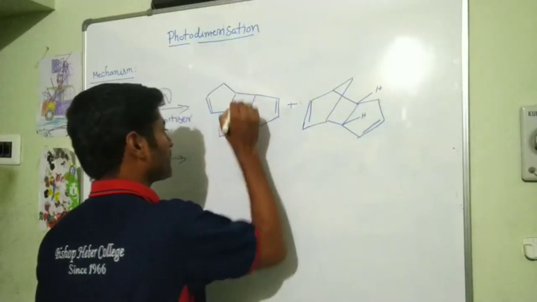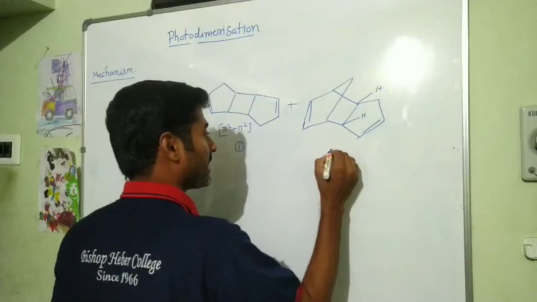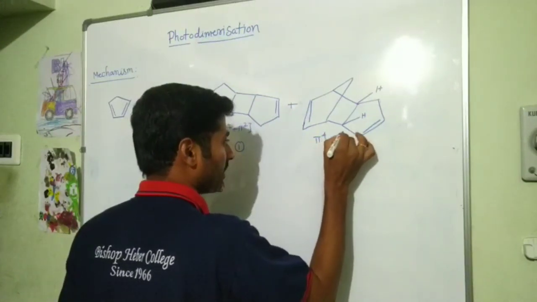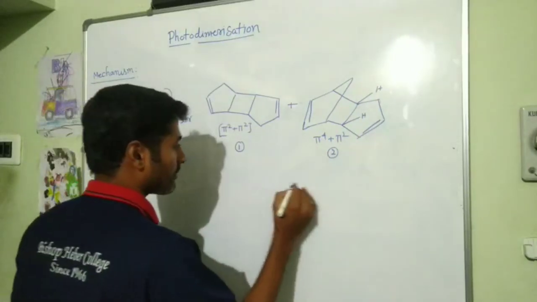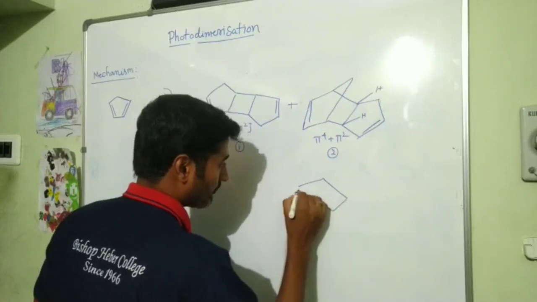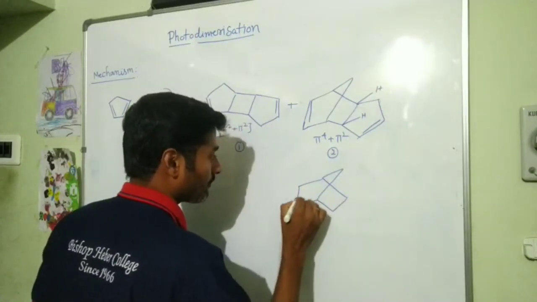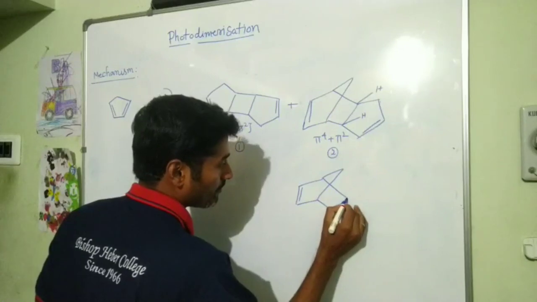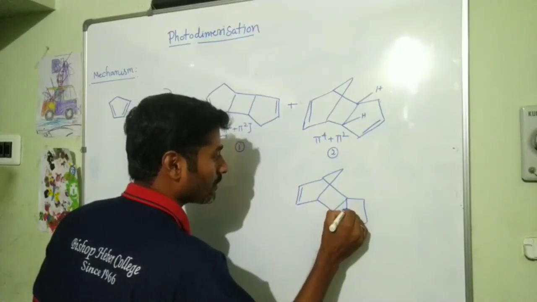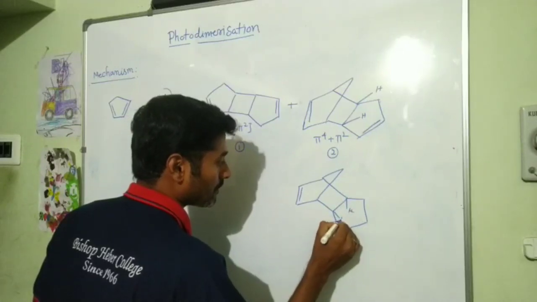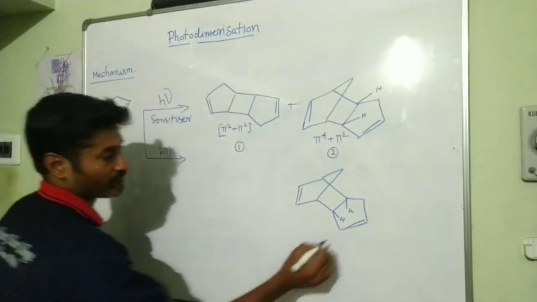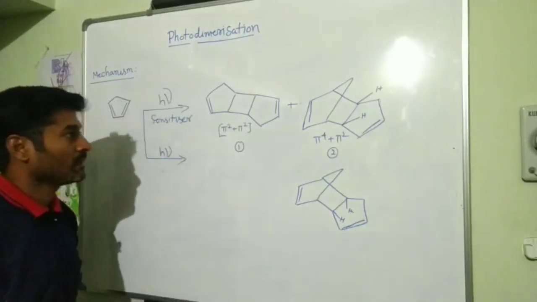The first product is pi 2 plus pi 2 addition, the second product is due to pi 4 plus pi 2 addition, and the third product is this.